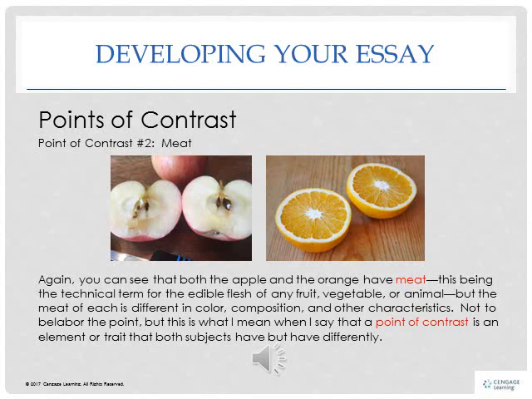But to go back to our apple and orange, they both have meat, and this is what you eat or juice or whatever. But the meat of each is different in color, in composition, and other characteristics. Not to belabor the point, though I'm about to do that in the next slide, this is what I mean when I say that a point of contrast is an element or trait that both subjects have but have differently.